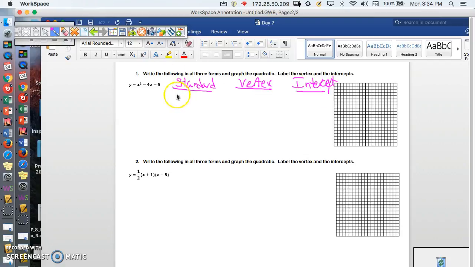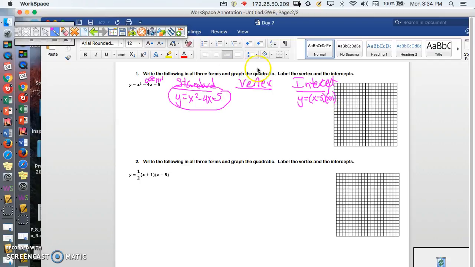We know our standard form, y equals x squared minus 4x minus 5. Now let's see, intercept form. That's kind of like factored form. So what multiplies to -5 and adds to -4? That's going to be x minus 5 and x plus 1.